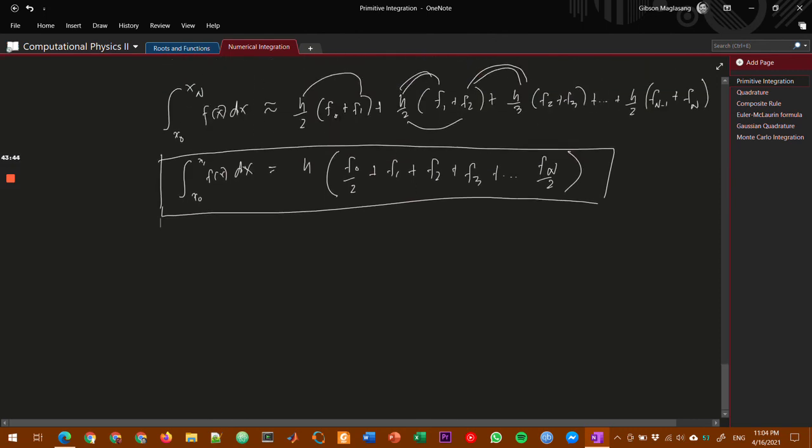So a similar procedure can also be done using composite Simpson's rule. So this is composite trapezoid rule. You can also use the composite Simpson's rule. And that is given by this.